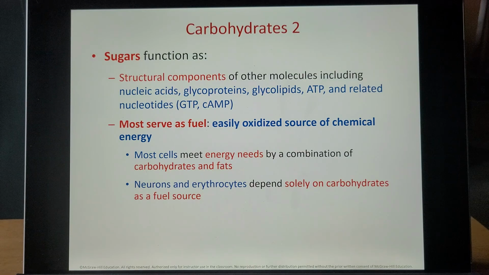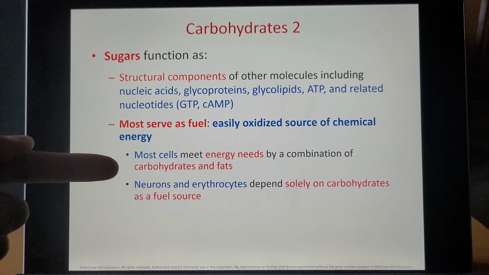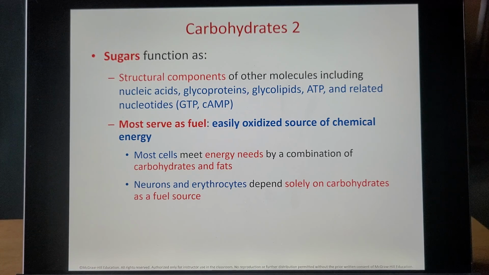So sugars can work as a structural component for different parts of the body. Most of our sugars or carbohydrates, when they're broken down, are easily oxidized as our source of chemical energy, so broken down so we can make ATP. Most of our cells can use a combination of carbs and fats to meet their energy needs, using either one of them to make ATP.